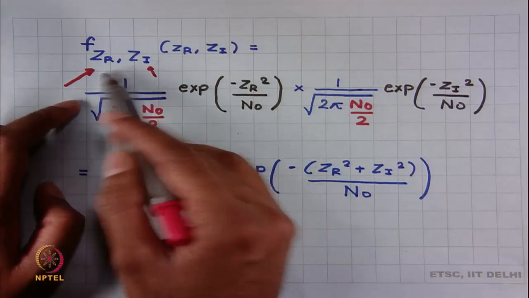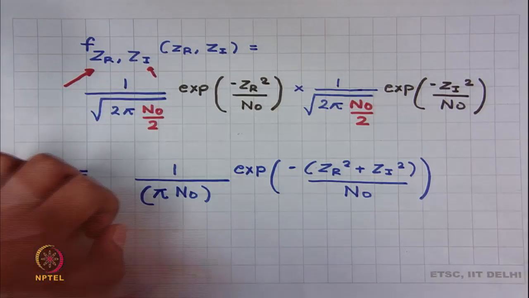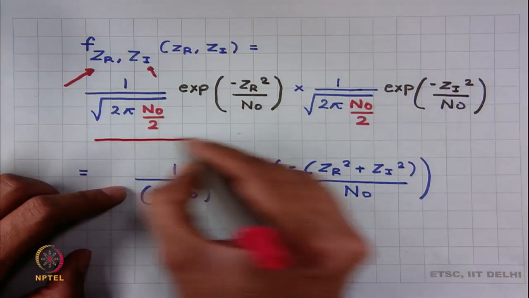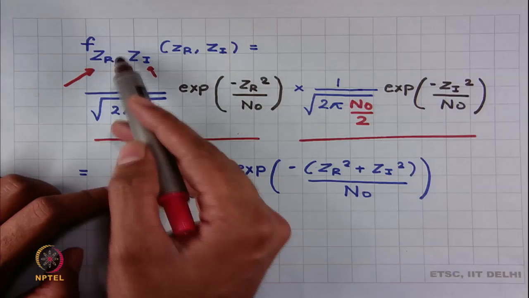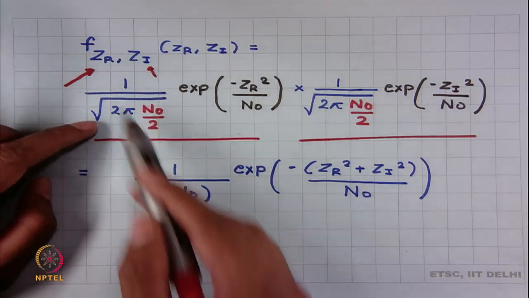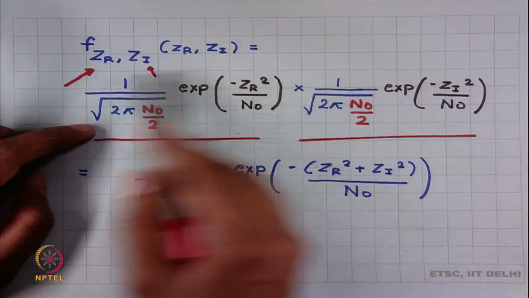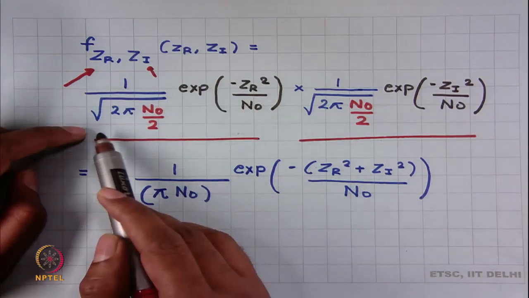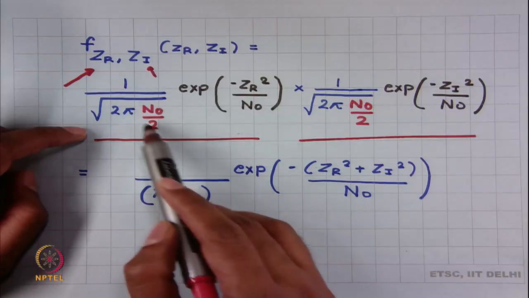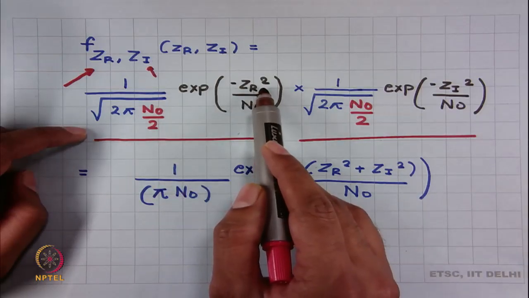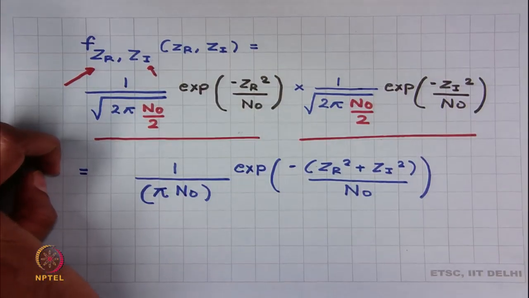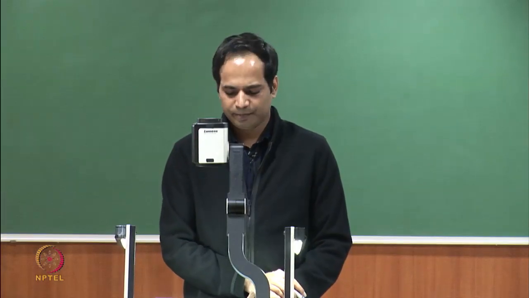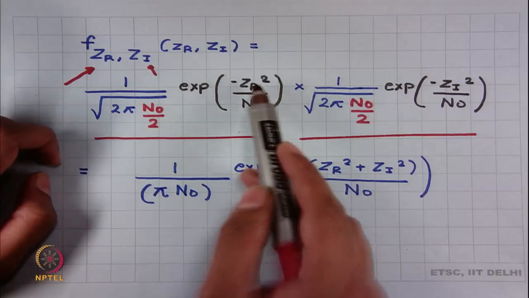Because they are independent random variables, the joint PDF is simply the product of the marginal PDFs. ZR is a Gaussian random variable, so its PDF can be obtained as we have done several times. Its variance is N0 by 2, its mean is 0, and it has a Gaussian distribution. Why is the mean 0? We always assume that random variables resulting from noise have 0 mean.